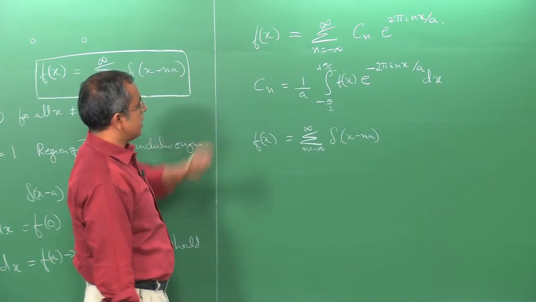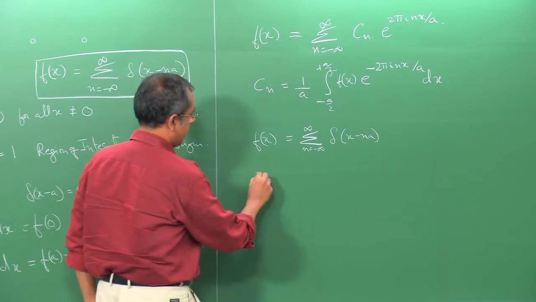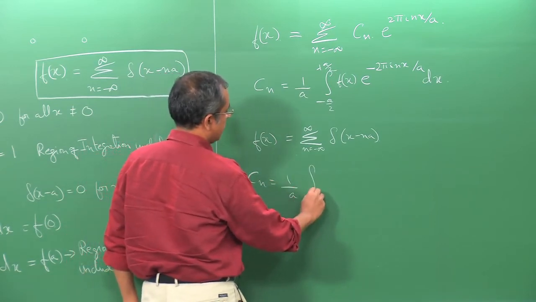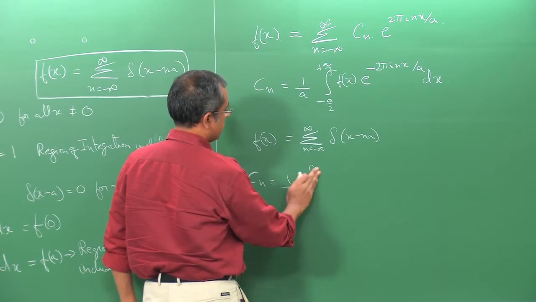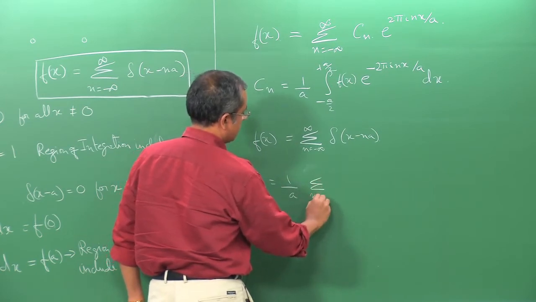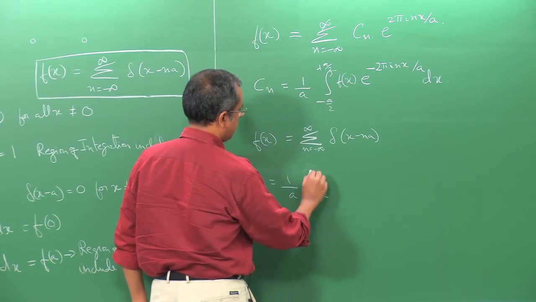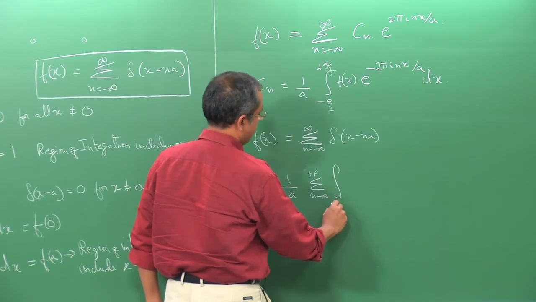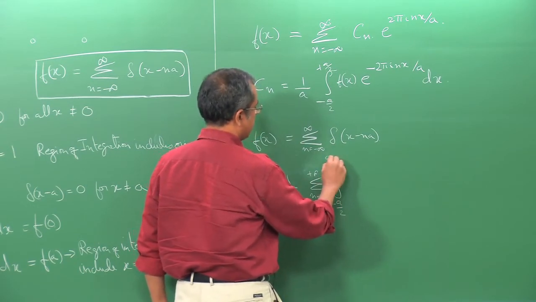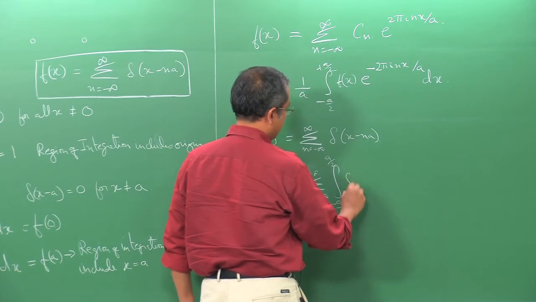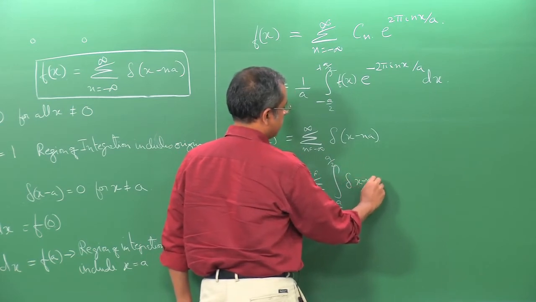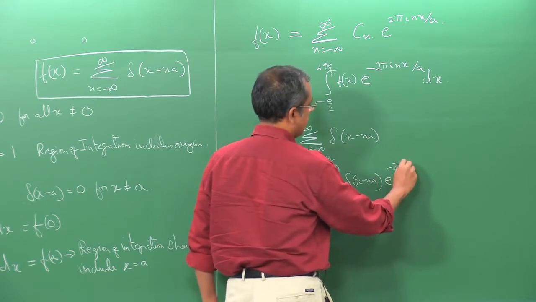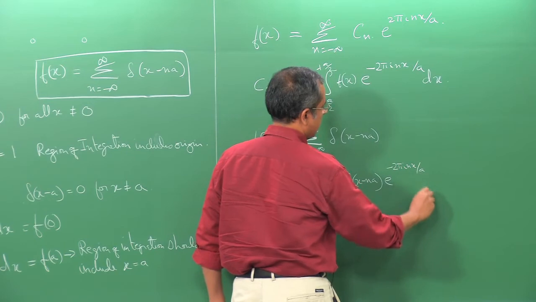So, now if you look at the Fourier coefficients of this 1D lattice, that is simply going to be 1 over a, integral, we can put the sum here, n equals minus infinity to plus infinity, integral minus a by 2 to plus a by 2 delta of x minus n a e to the power minus 2 pi i n x over a dx.